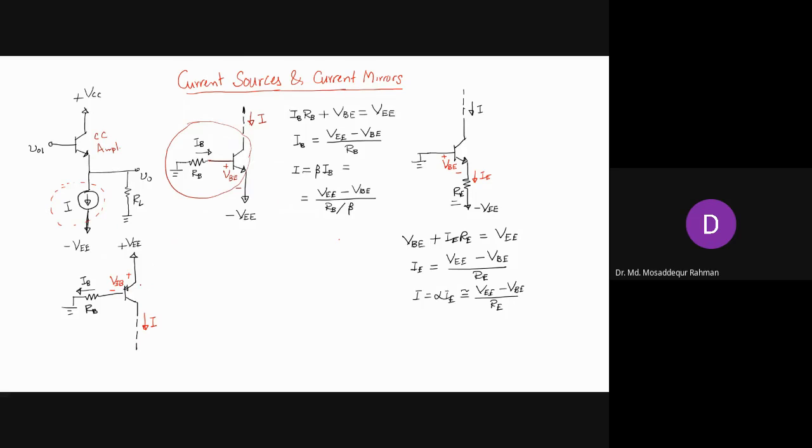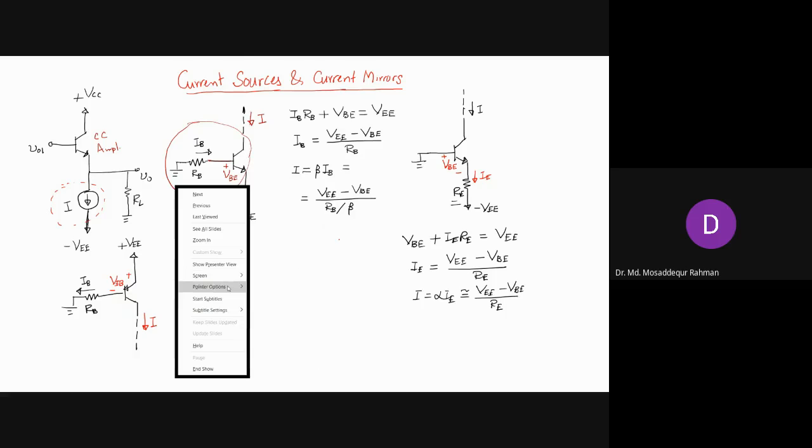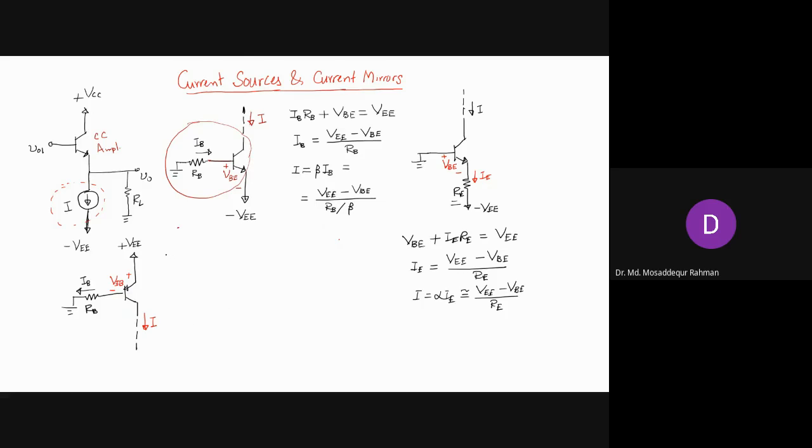And in this case, IB we can write as VEE, the supply voltage, minus the drop VEB, divided by RE.